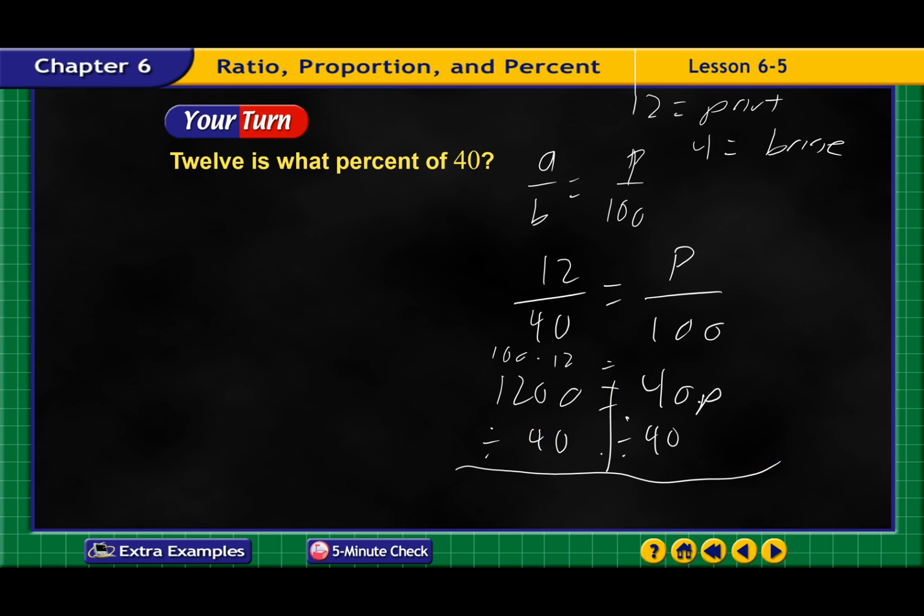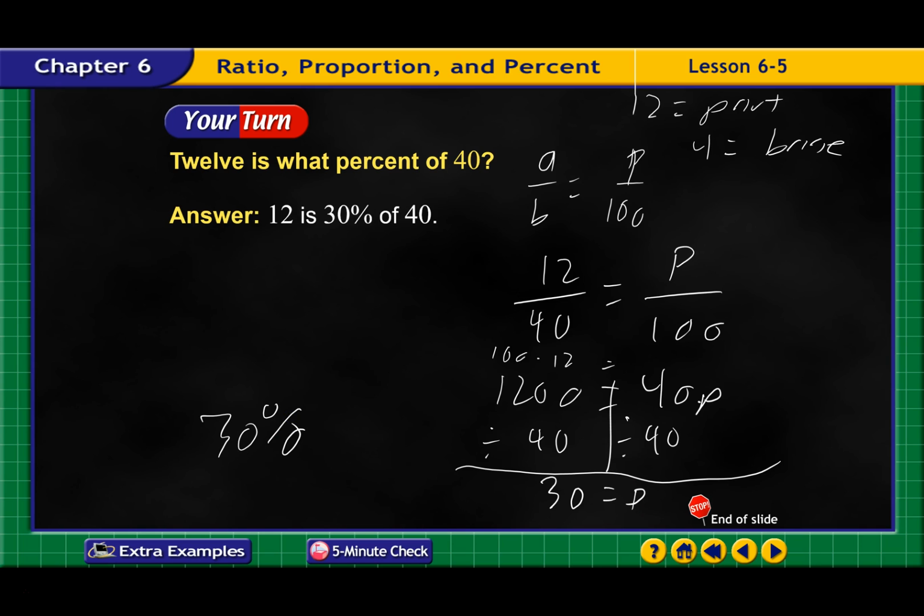So that would be 1200 divided by 40 equals 30. 30 equals P. So that would be 30%. Your answer is actually going to be a slight sentence, and yes, you do need to write it all out. 12 is 30% of 40. That is the correct answer. Just 30% with a check mark is not going to be enough.